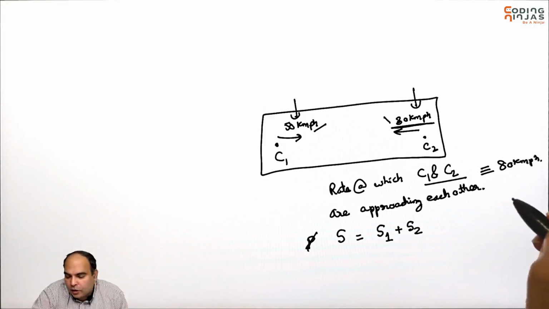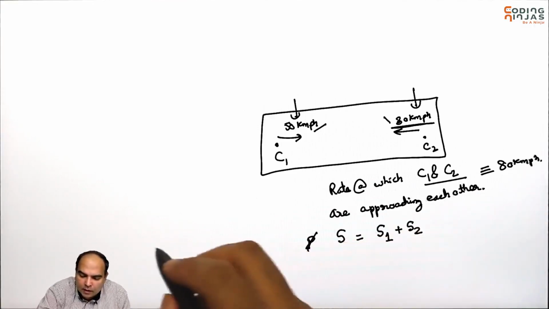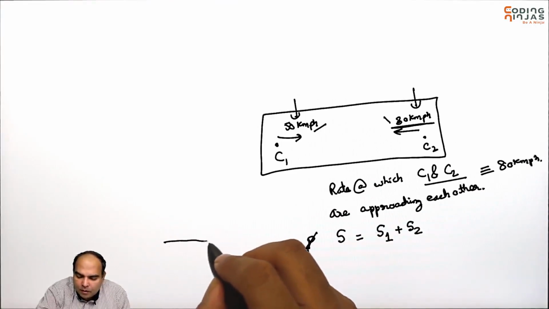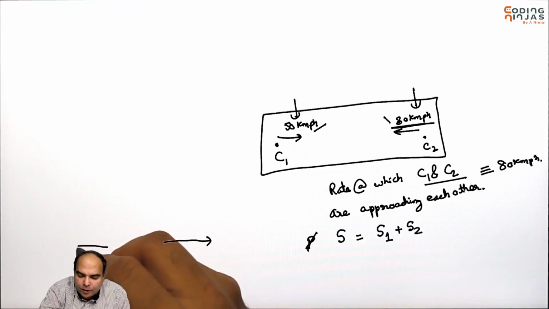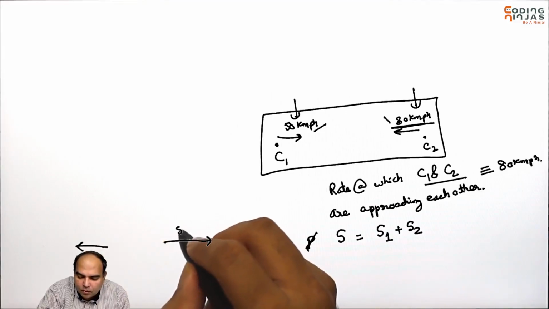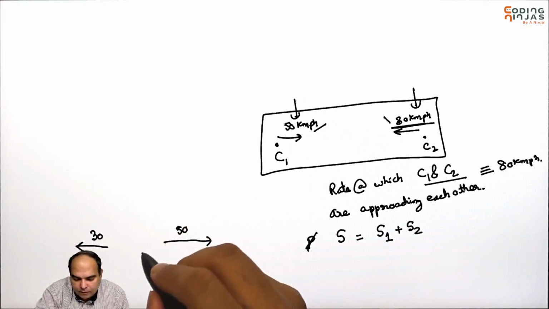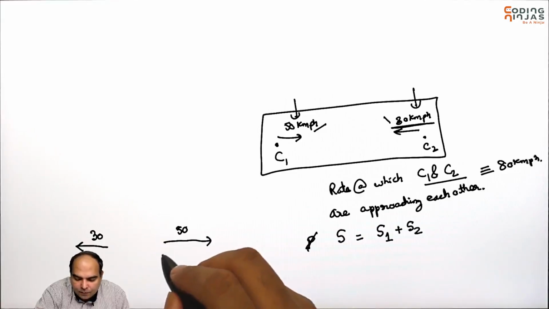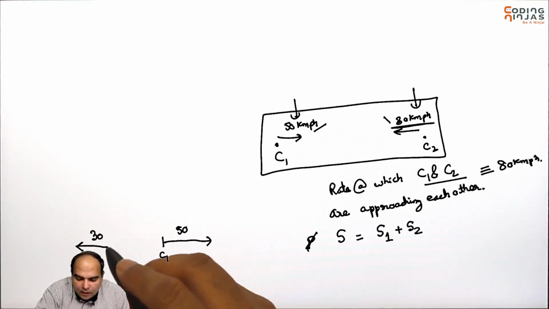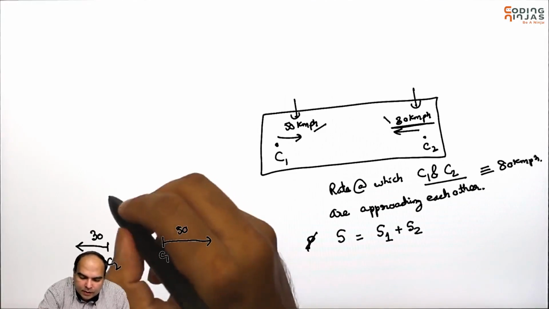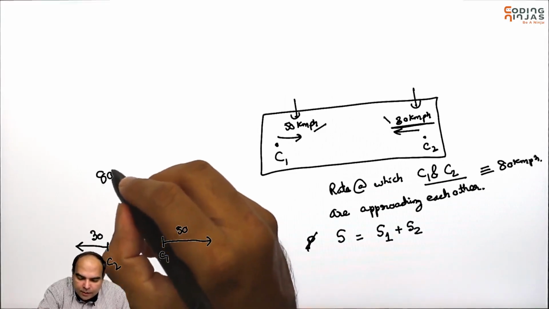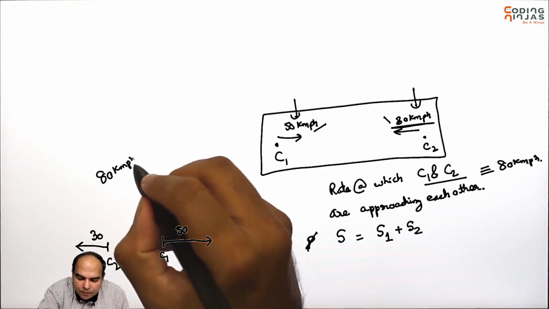So in opposite direction, you have one picture like this, and this picture can then become a rate of movement away from each other. So if you see this scenario where car 1 is here and car 2 is here, in this scenario, again the relative speed is 80 kilometers per hour.